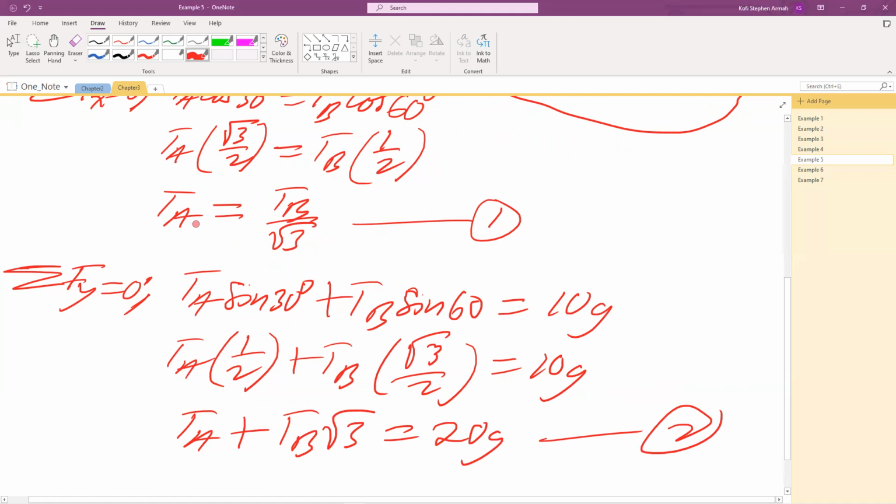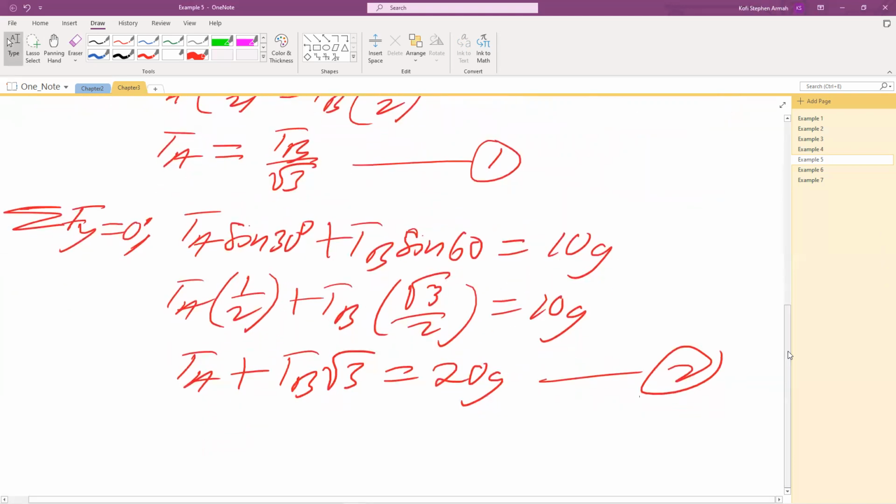So we can now substitute, so it's a simultaneous equation. You can use a calculator, MATLAB, anything, but this is straightforward to do with your head. You can do elimination or substitution; I'm going to do substitution here.